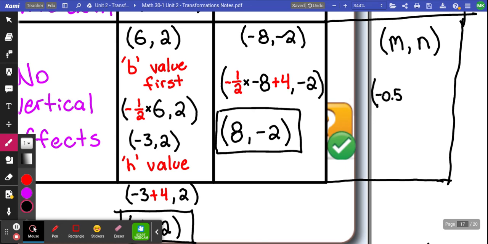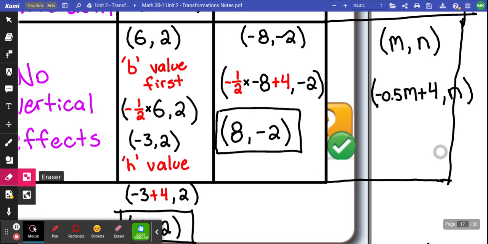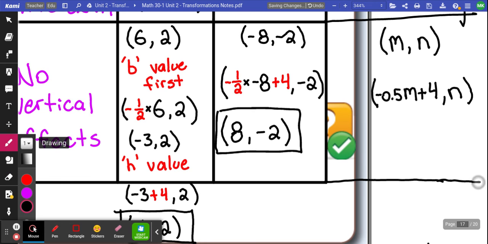So negative 0.5 m. Add 4 to that. N would not change. That's like the general form of what we're doing, right?